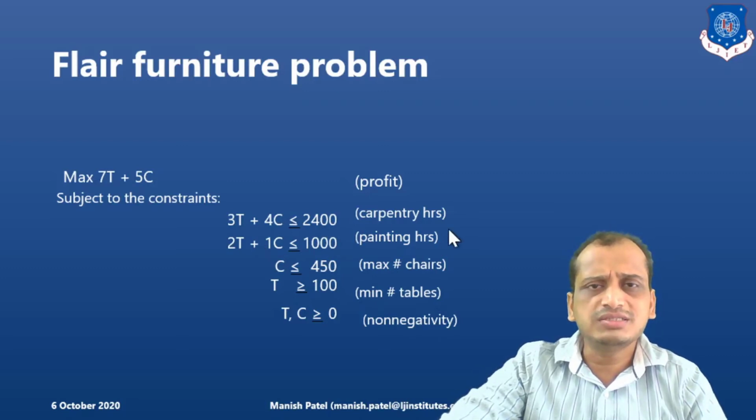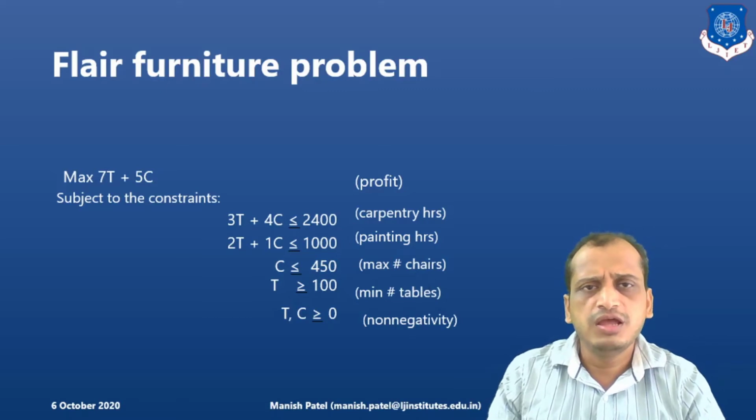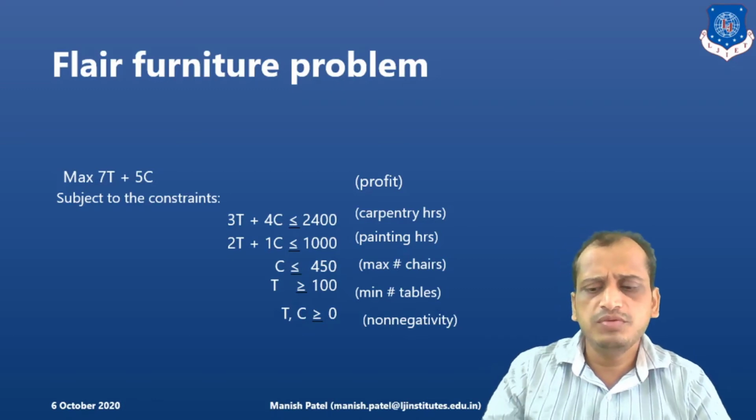The carpentry hours constraint is 2400, the painting hours constraint is 1000, the maximum number of chairs the company can manufacture is 450, and the minimum number of tables the company can manufacture is 100. So based on these constraints, let's see how we check.